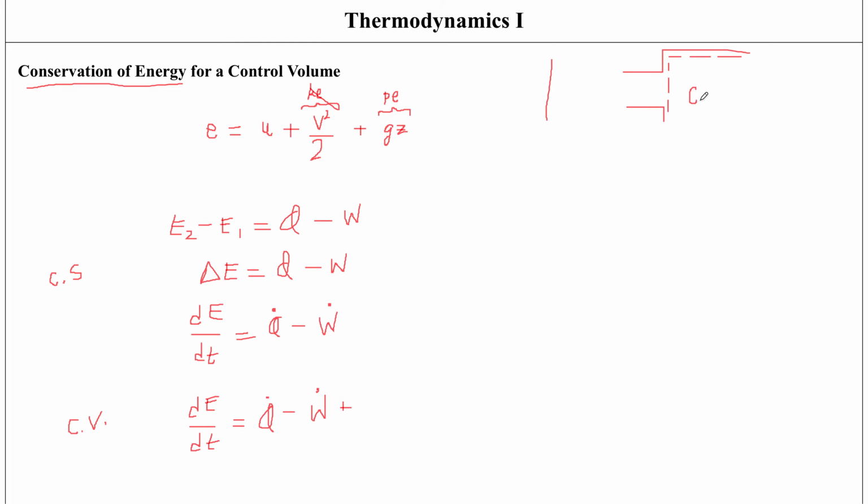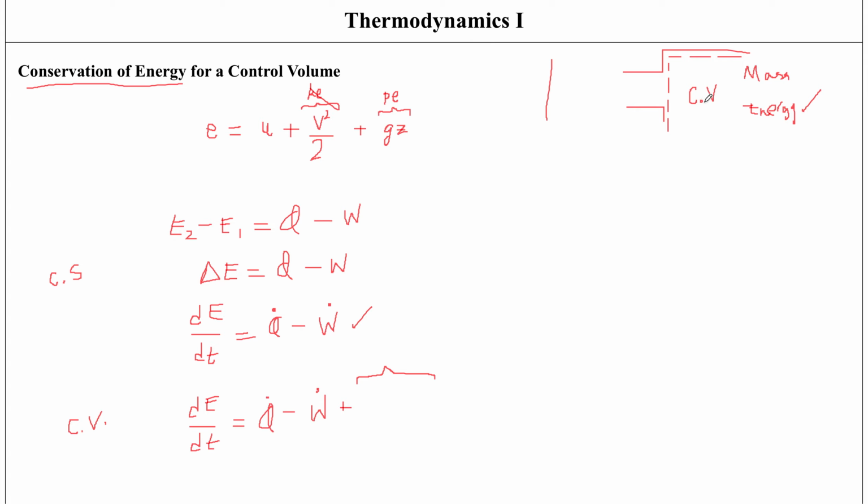Within this control volume, not only energy changes can take place, but also mass changes can take place too. For a closed system, we only accounted for the energy changes. We haven't talked about the mass changes in this equation. So to include those mass changes, there would have to be some additional terms to represent the mass changes that are taking place.